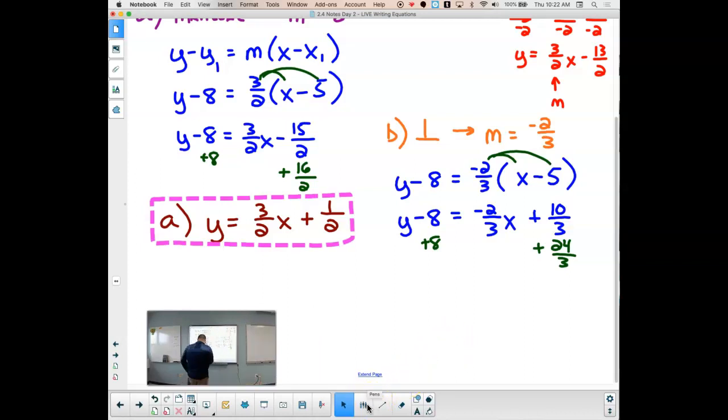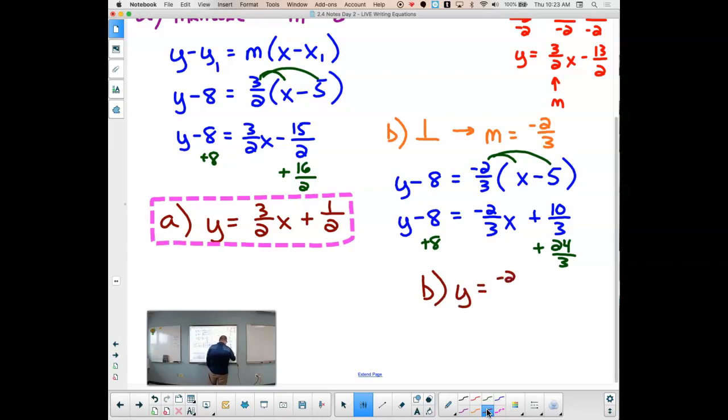And then that's going to give us, for the answer for B, y equals negative 2/3 x plus 34/3.